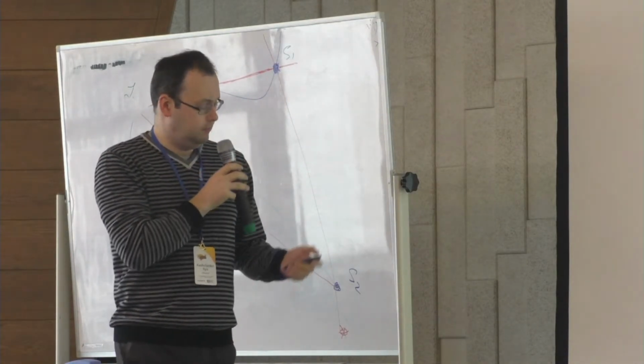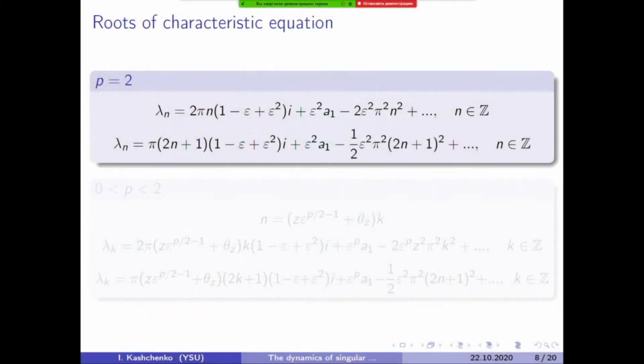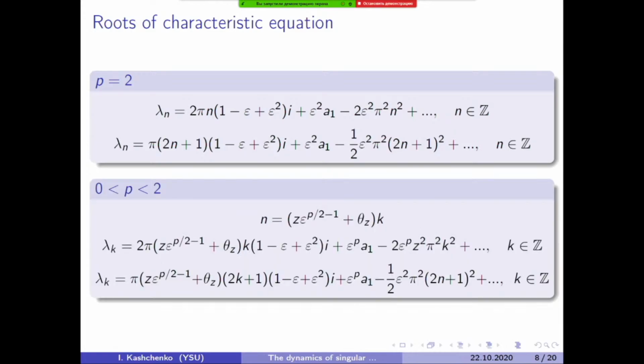And so if p equals 2, we have these asymptotic formulas: the upper one for a close to +1, and the second one for the situation when a is close to -1. And if p is less than 2, let's introduce these integer numbers n. Here we have a new parameter z. It's an arbitrary fixed real parameter.